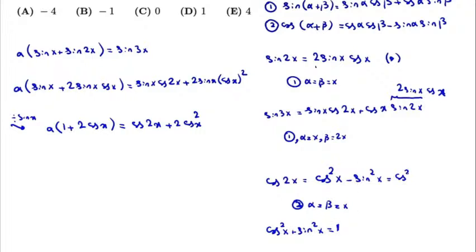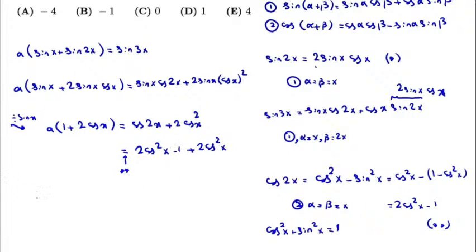So it is cos squared x minus (1 minus cos squared x), which will be 2 cos squared x minus 1. Let me call it double star. By double star, it will be 2 cos squared x minus 1 plus 2 cos squared x.